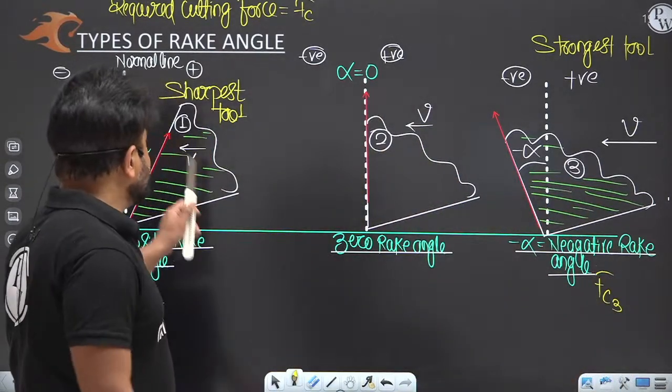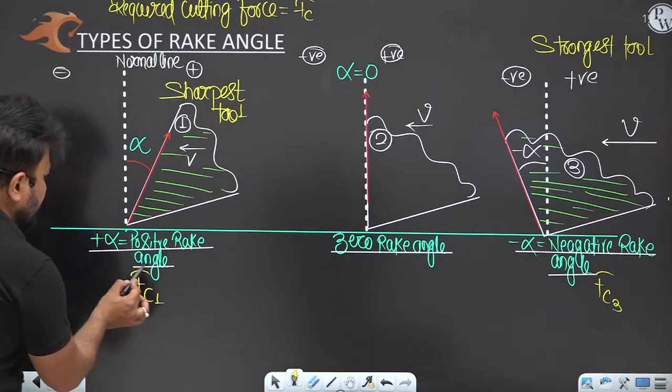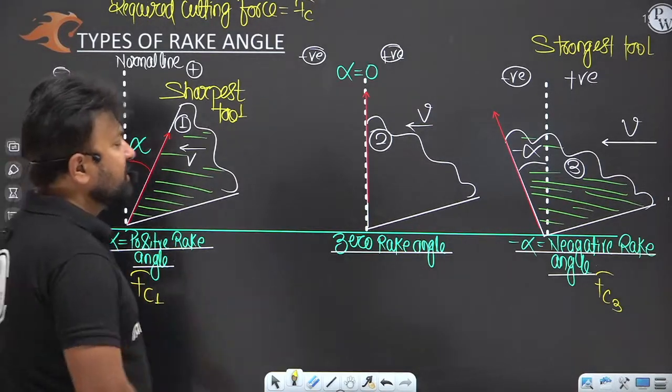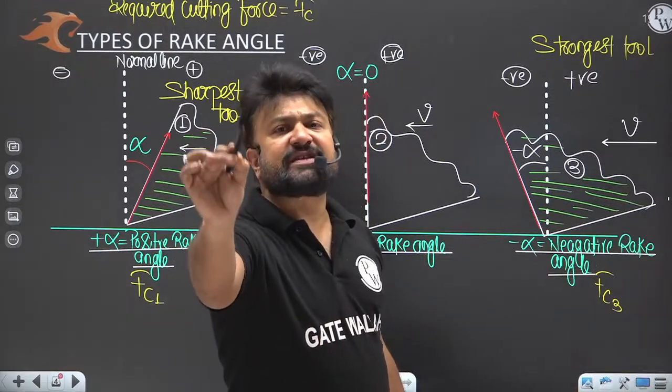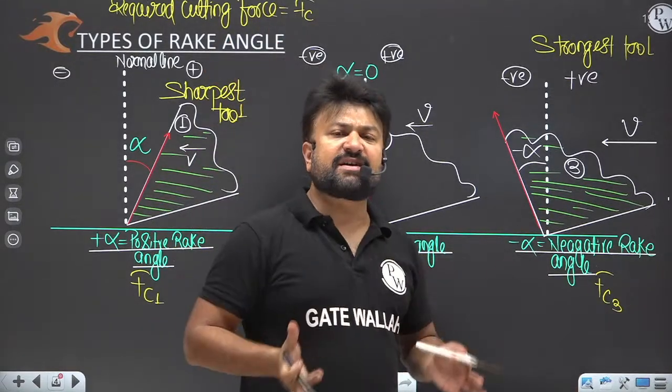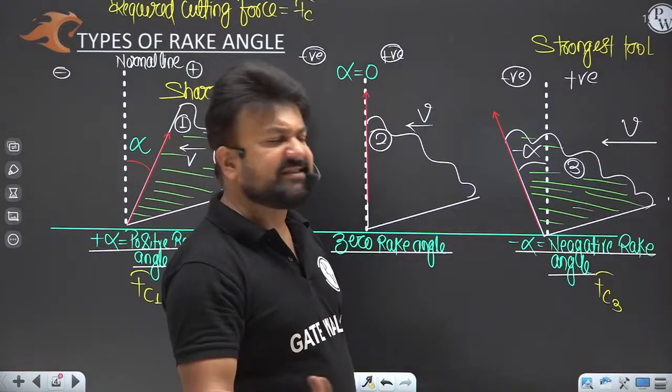This is the sharpest, so the required cutting force is less. This is not the sharpest tool, so the required cutting force is high. So what is the conclusion? Conclusion is very simple.